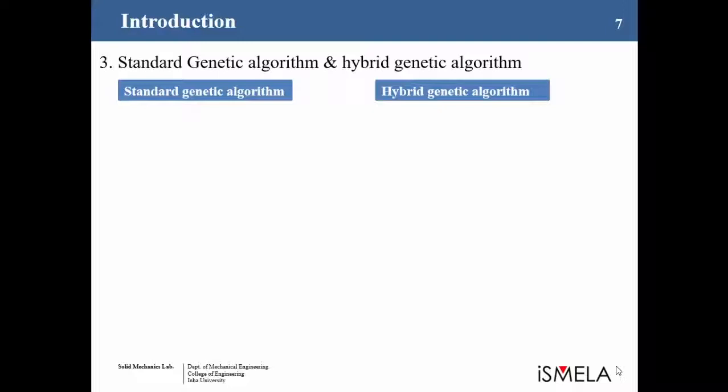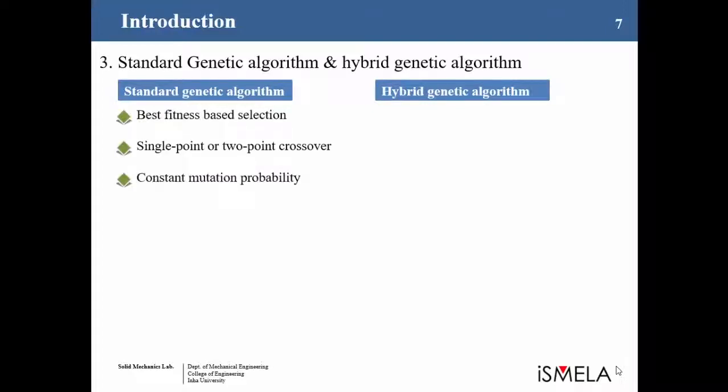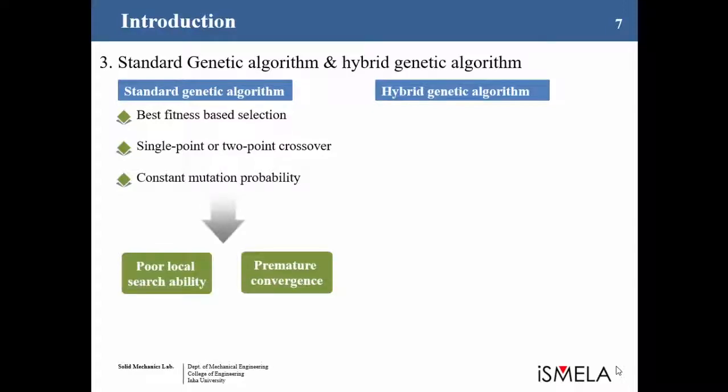The genetic algorithm can be divided into 2 parts: the standard genetic algorithm and the hybrid genetic algorithms. For the first one, usually it uses best fitness-based selection, single point or 2-point crossover, and constant mutation property. As a result, poor local search ability and premature convergence will become a problem.